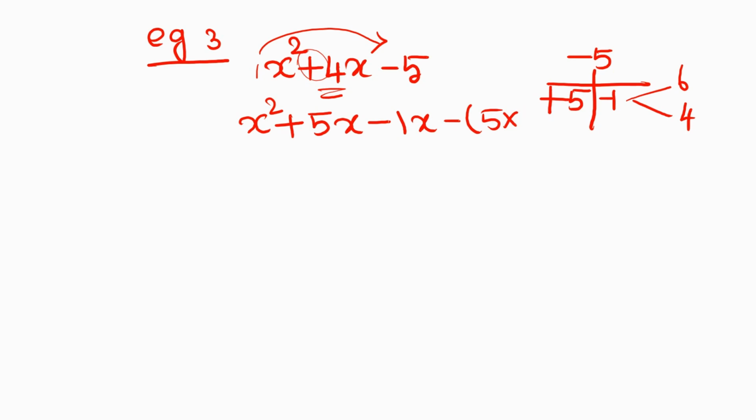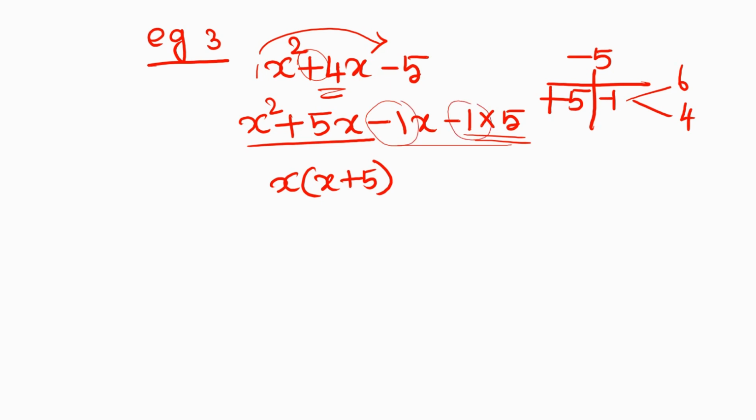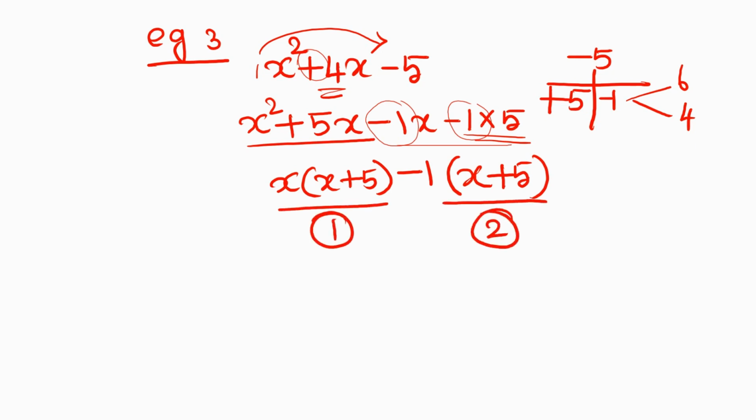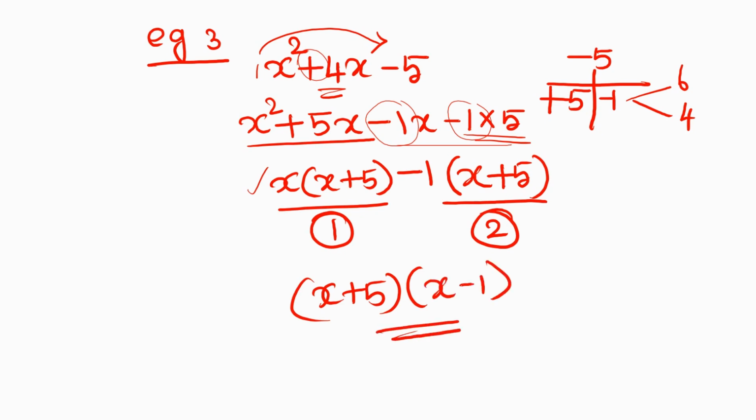So take the common factors outside. And finally I got x plus 5 into x minus 1.